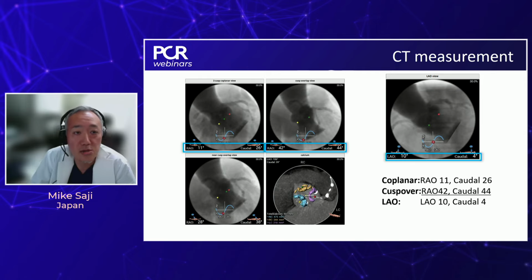The CT measurement showed a pretty deep cusp overlap view, which is not visible when you consider the camera angle, so we need to adjust that. But other than that, the coplanar view, the LAO view, is relatively shallower and pretty visible for the procedure.